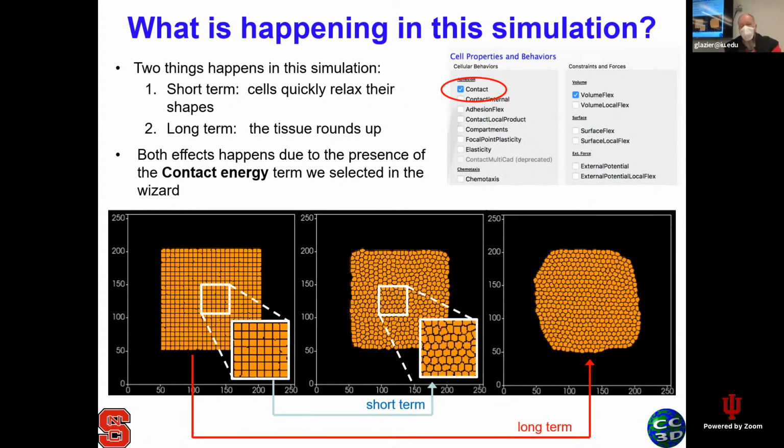So there are two time scales here. One is a short time scale where the edges of the cells individually equilibrate. And then there's a longer time scale where the whole structure rearranges. And that's actually very typical of the biology. You get short range relaxation over short times, and then it takes longer for the whole thing to reorganize itself.